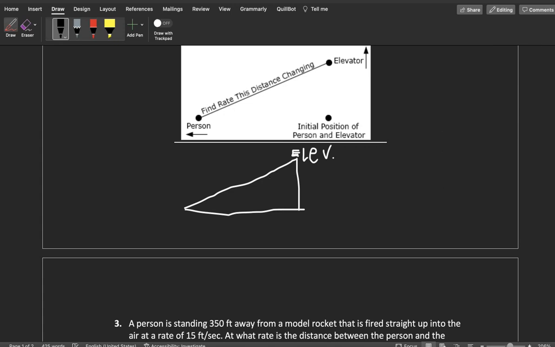And then the height obviously is Y, and the length here is X, right? And at this end here, we have a person on the ground.